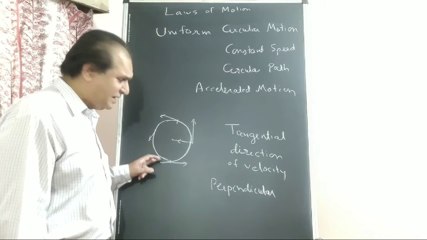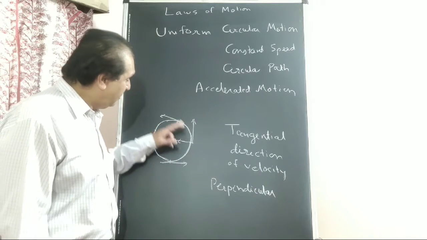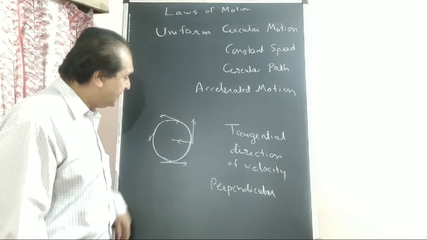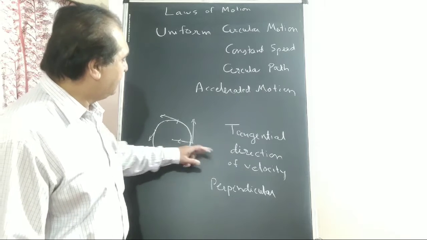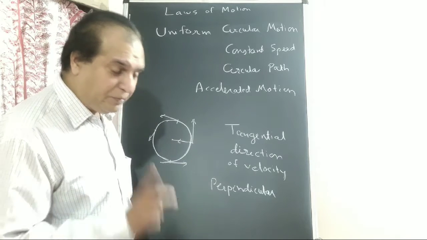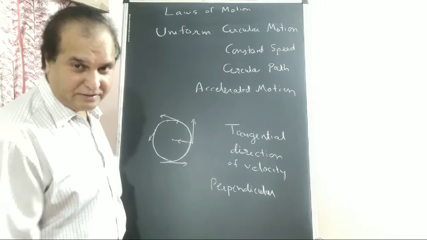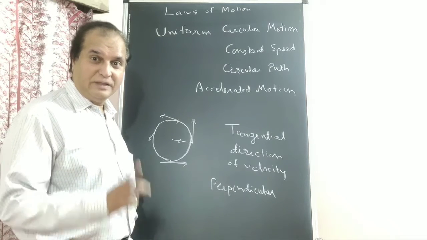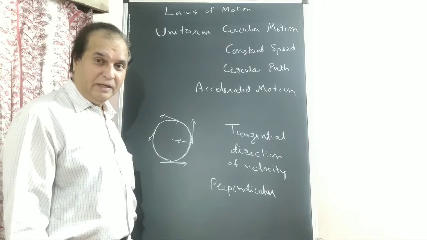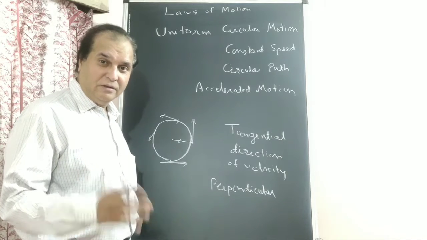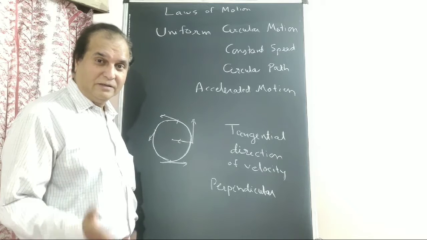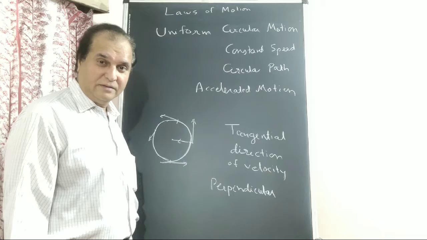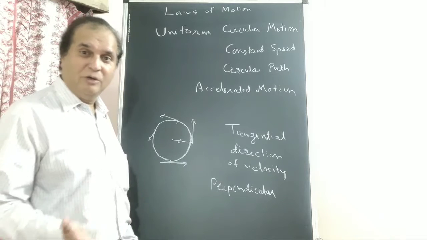Understanding? That is the direction. So direction changes at every point. How many points on a circle? Infinite. Right? So direction changes at every point. Direction of velocity is tangential. So speed is constant but direction changes, so velocity changes. We have seen velocity can be changed by keeping speed constant and changing direction, or changing speed with direction constant, or by changing both.